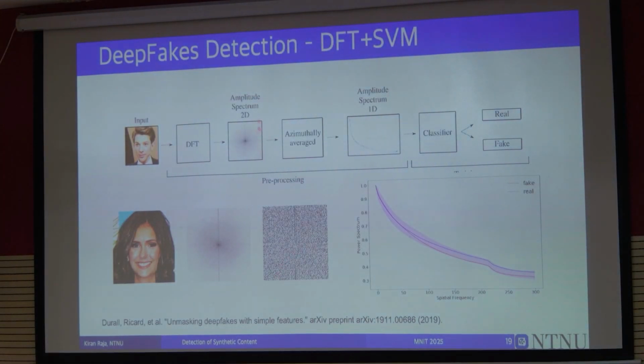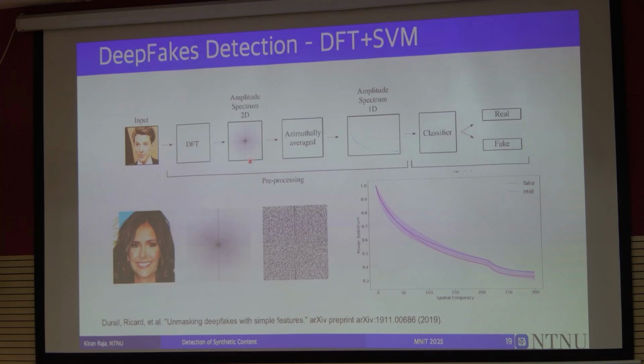Let's take a deeper look into this. I told you about the Fourier transform. Now let's take another family of transforms, called the discrete Fourier transform. If I take the DFT of the original image, I get two different components: the frequency component, which is the magnitude, and the phase component, right?